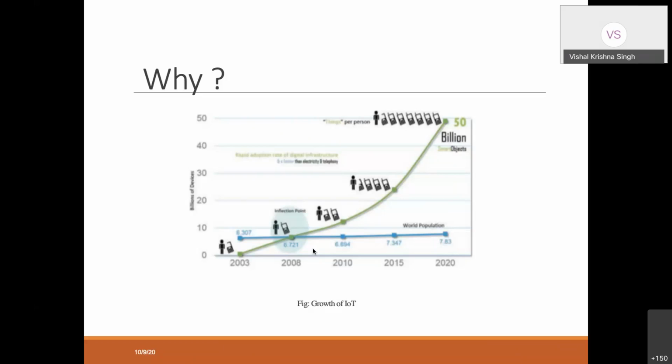Now, if we take this IoT technology to industrial applications, where it is referred to as industrial IoT, the impact of IoT has been phenomenal in that field as well.